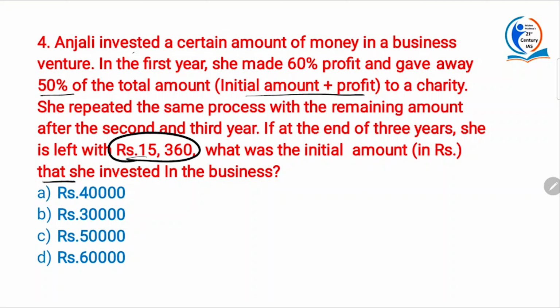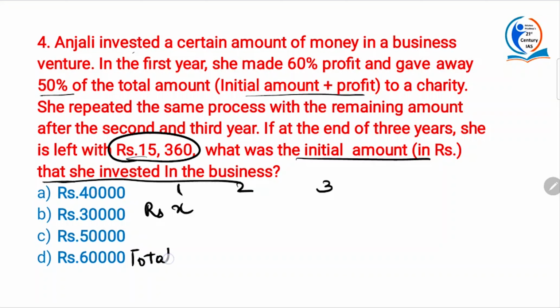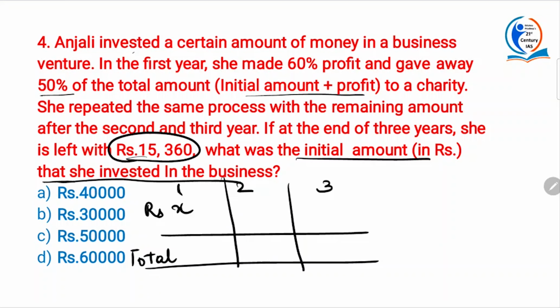Alright, so here there are 3 years, first year, second year, third year. Alright, let the initial amount that she invested in the business be rupees X. Now, total that she has at the end of each year, we'll put it like this.